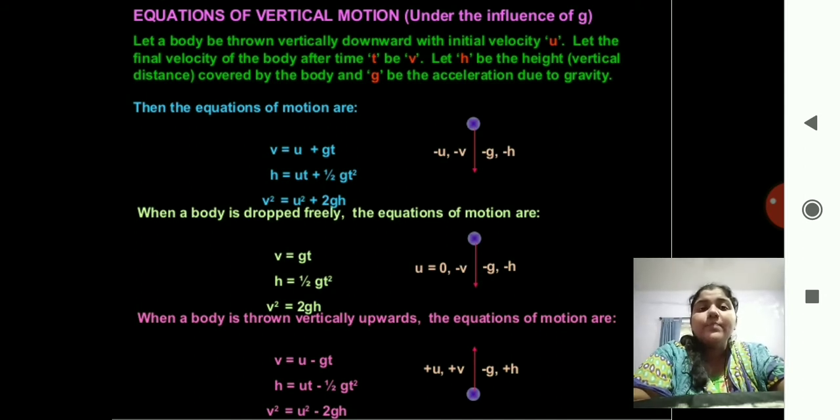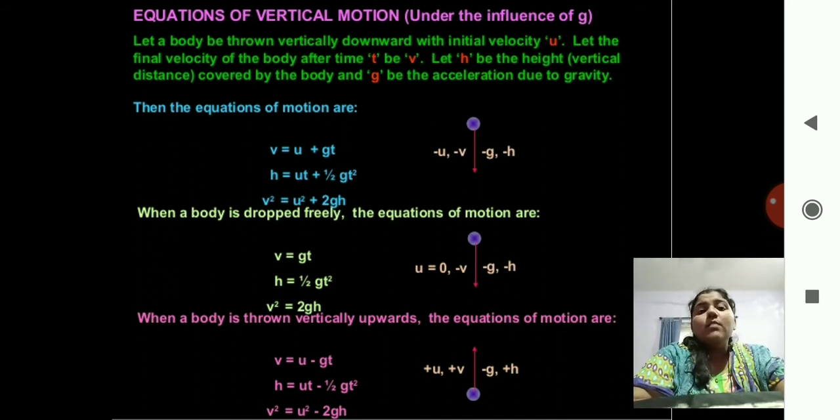Now h is the distance taken over here, so h is equal to ut plus half gt square. a is replaced by g again. Next is v square is equal to u square plus 2gh, that is v square is equal to u square plus 2as. a is replaced by g, s is replaced by h.